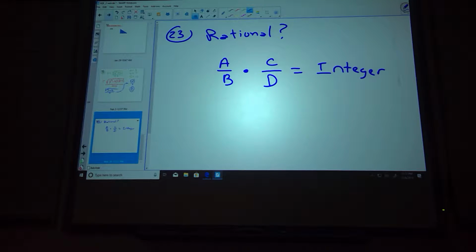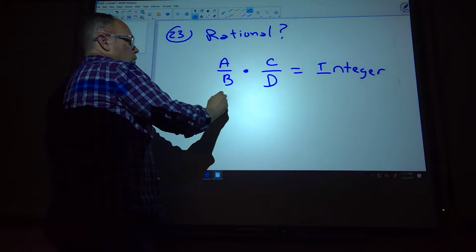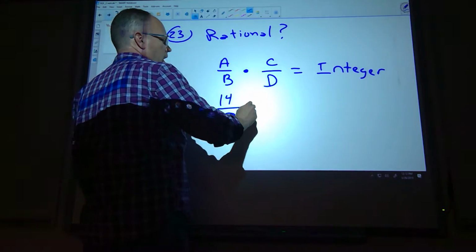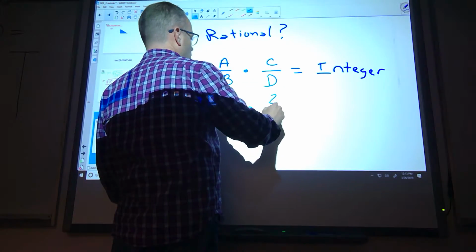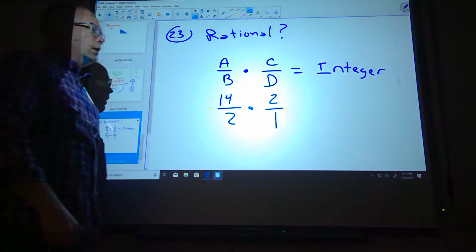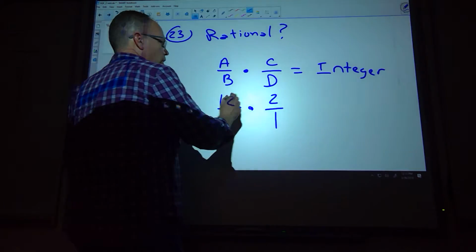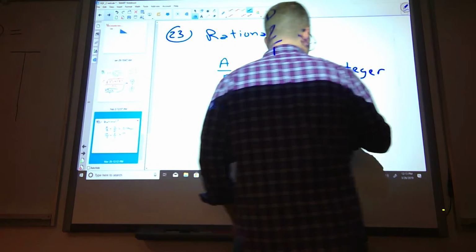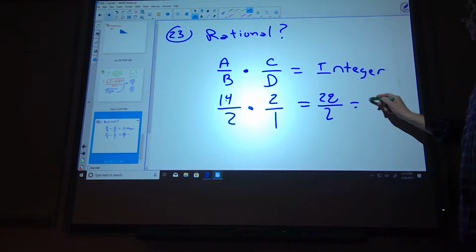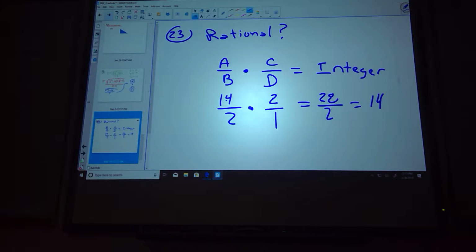Yes. Sure. I could have 14 over 2 times 2 over 1. Those are both fractions, agreed? I go 14 times 2, that's 28. 2 times 1 is 2, so I get 14. So absolutely, I can do that.